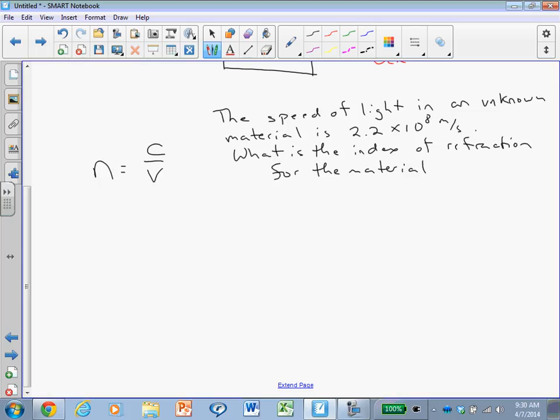Well, as long as you have the equation, and as long as you know what c is, the index of refraction is just a ratio of the speed of light in a vacuum to the speed of light in the material. And what's the speed of light in a vacuum? c. Oh, I want to mention one more thing, don't let me forget.